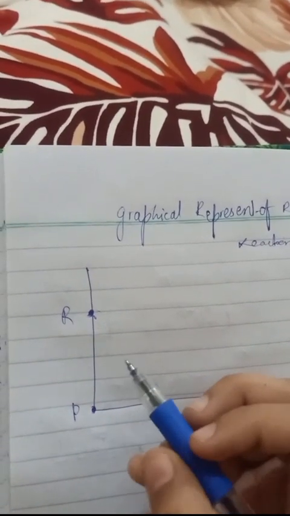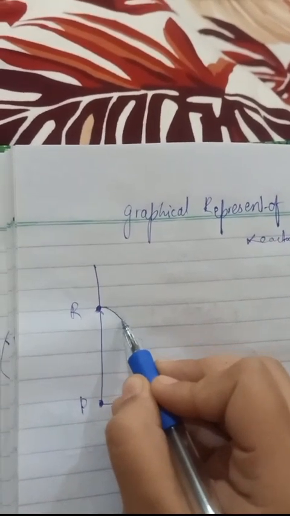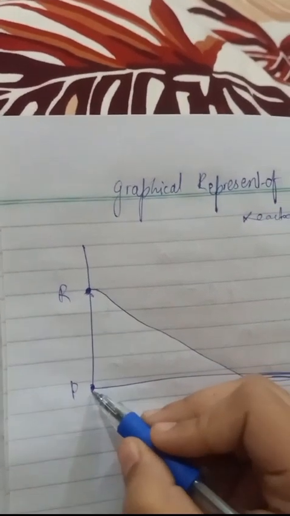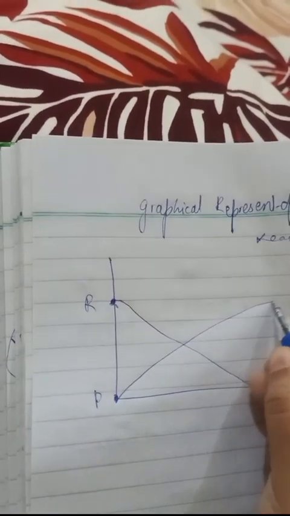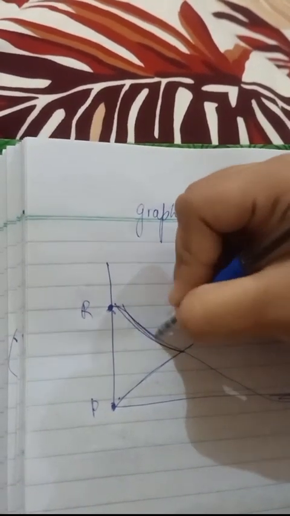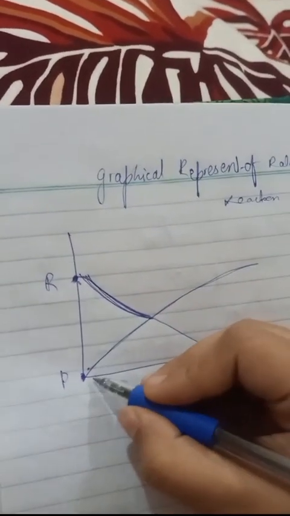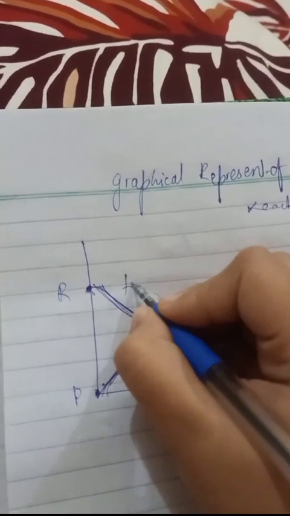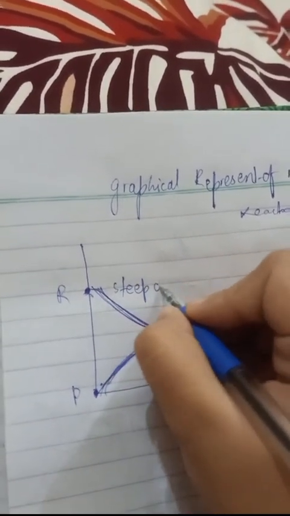So when the reactant becomes less, there is an increase in the concentration of the product. Here a curve-like structure occurs, which we call the steepness of slope.